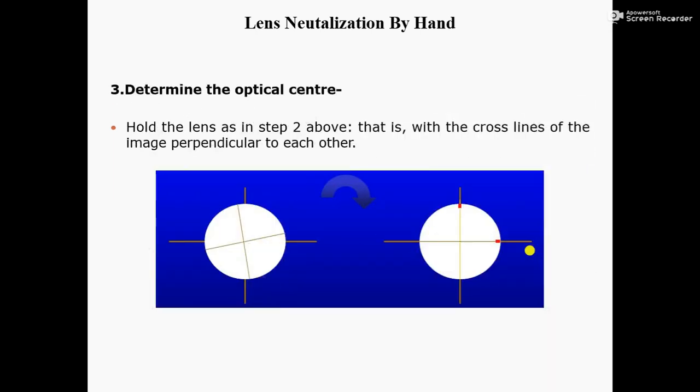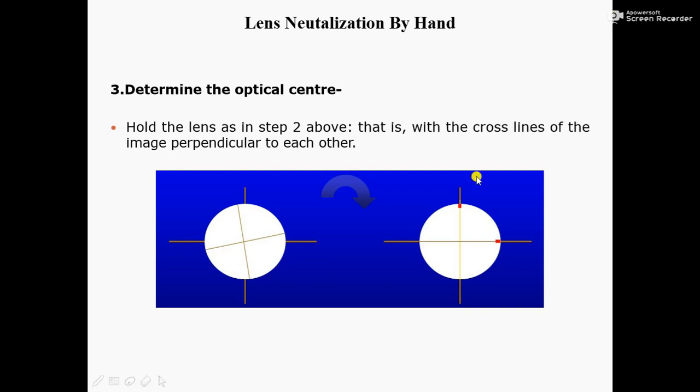Next, number 3, determine the optical center. Optical center means the center of the lens. Hold the lens as in step 2 above, that is, with the cross lines of the image perpendicular to each other.